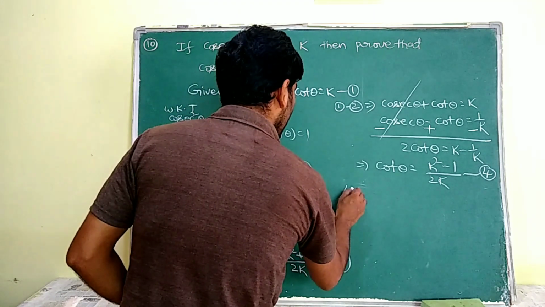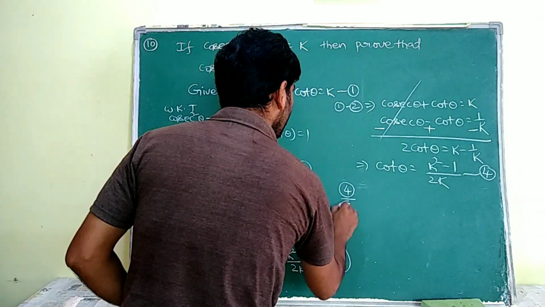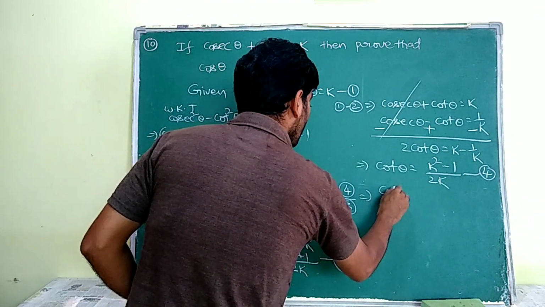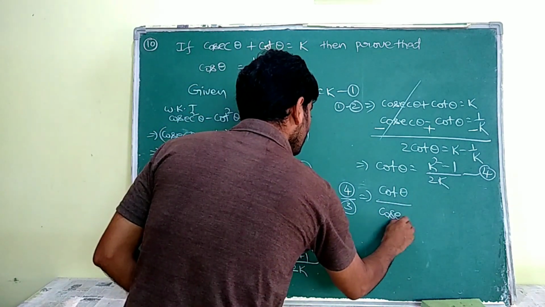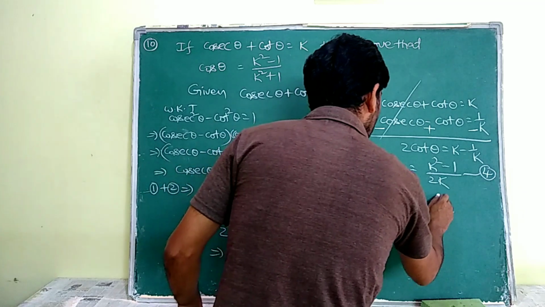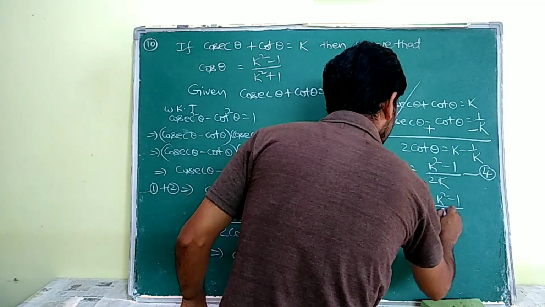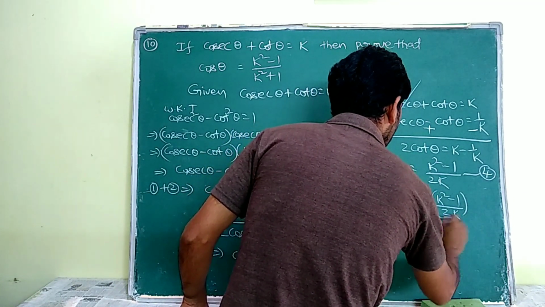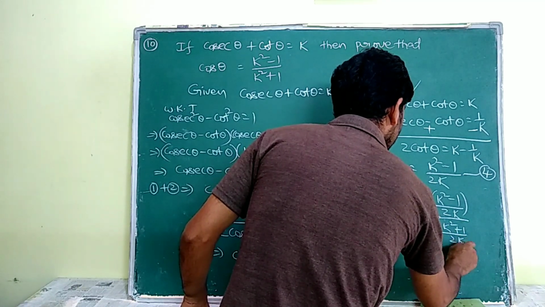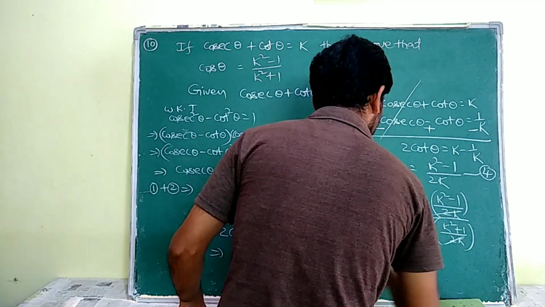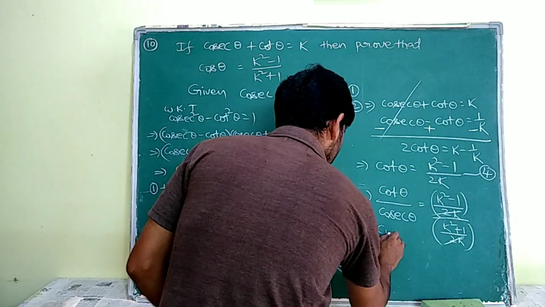So 4 by 3 I am going to do. 4 by 3 implies cot theta by cosecant theta is equal to k square minus 1 by 2k over k square plus 1 by 2k. Here 2k is going to be cancelled.